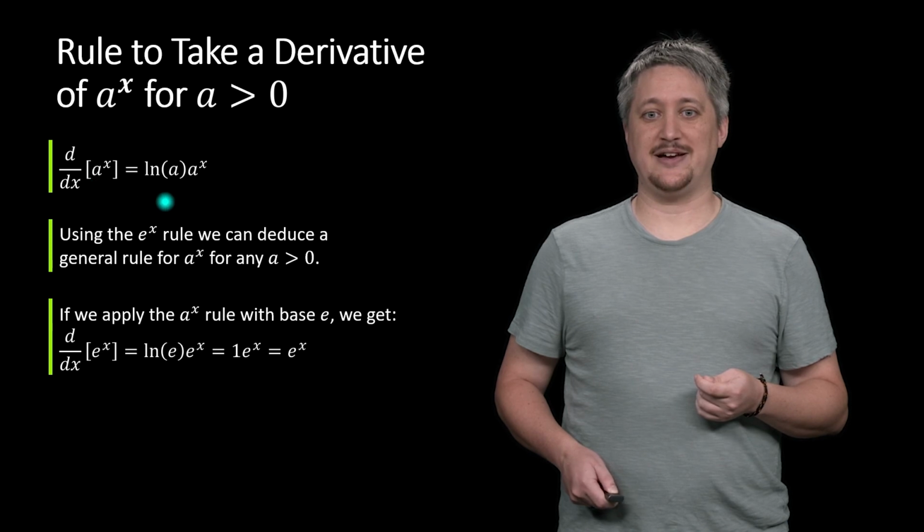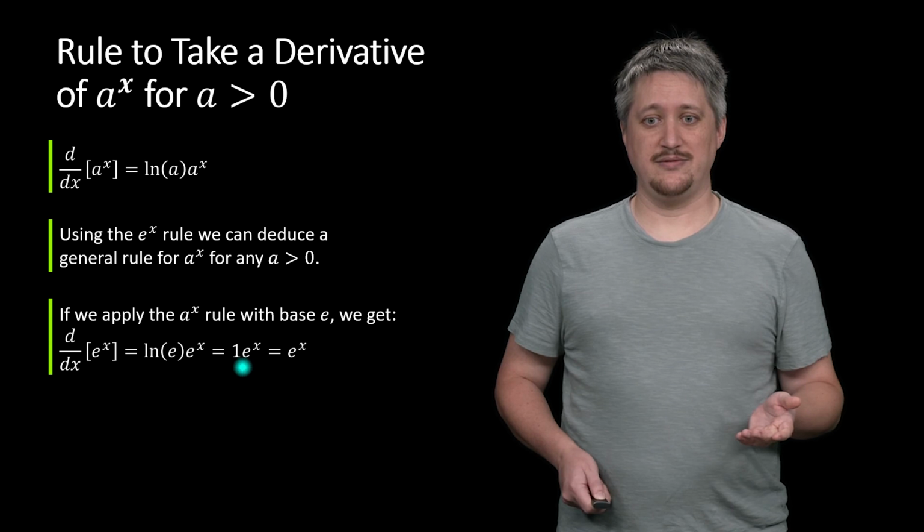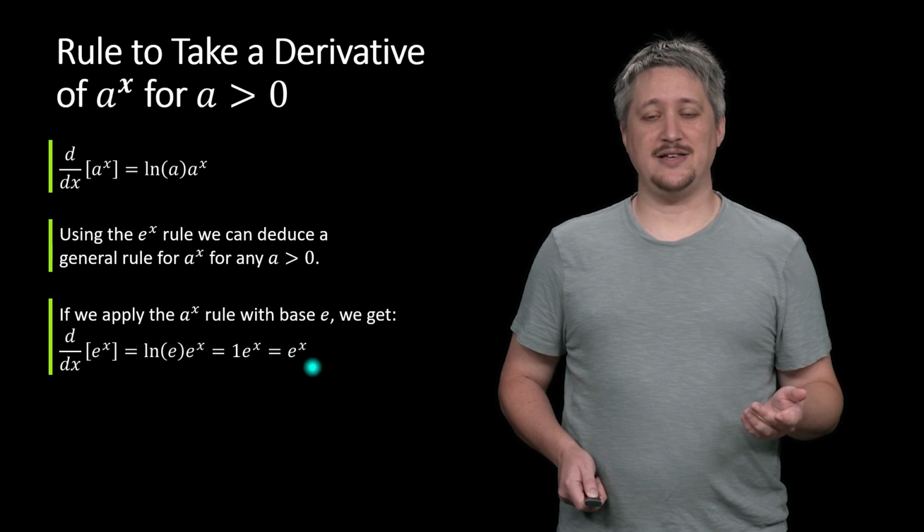Derivative of a to the x is natural log of that base, natural log of e, and then itself, that base to the x, e to the x. But natural log of e is just 1, right? That's the whole point of natural log. e to what power is e? 1. And that gets me back to e to the x.